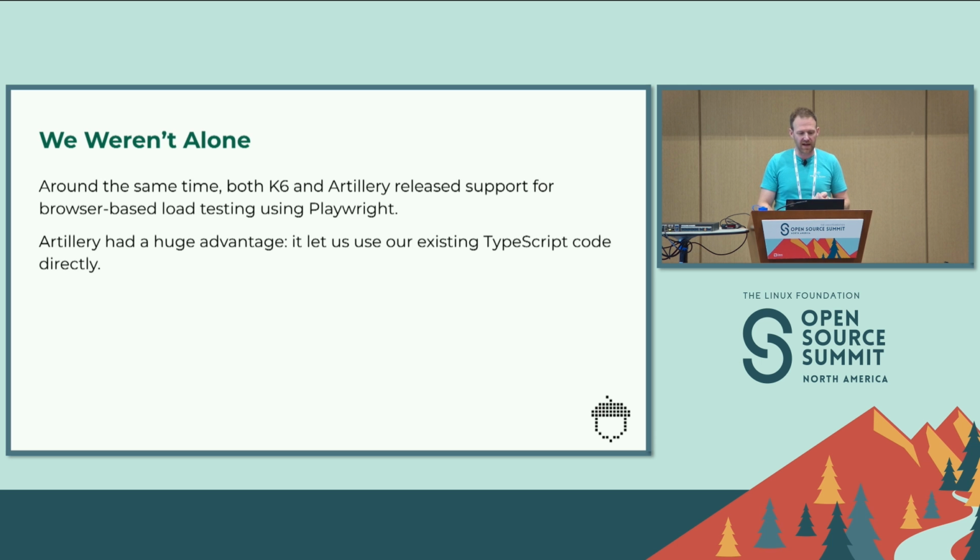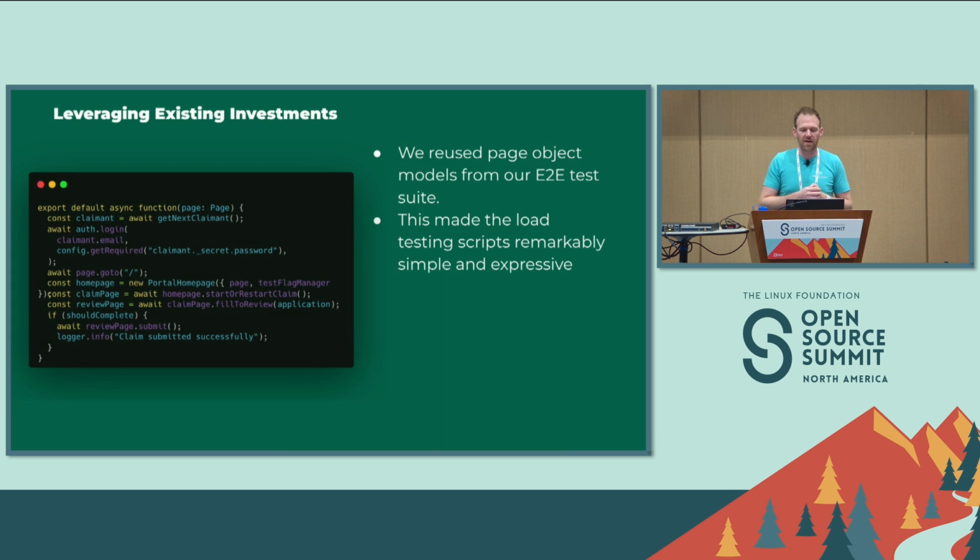What I mean by that is, we call them page object models, and this is a bit hard to read, I think, but this is a test that does the same thing that we saw in K6, but it's a lot more semantic. You can see that we are creating a new portal homepage class. We await homepage.start or restart claim.